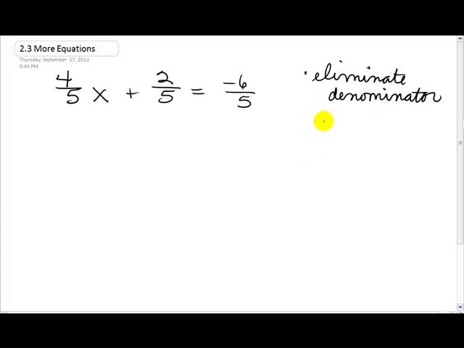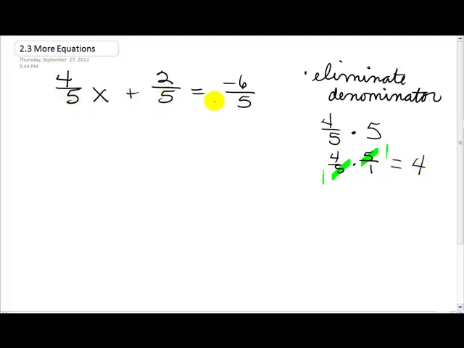If I take a number and I multiply it times its denominator, that whole number is at the top of a fraction. And then these two, top and bottom, cancel because they become 1. And then all I'm left with is the 4. So that's what I want to do here.